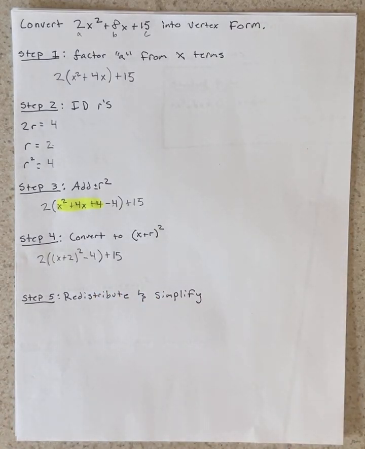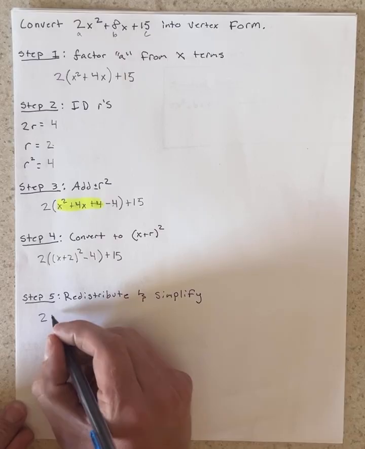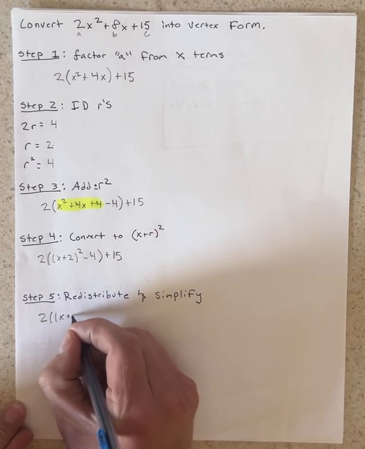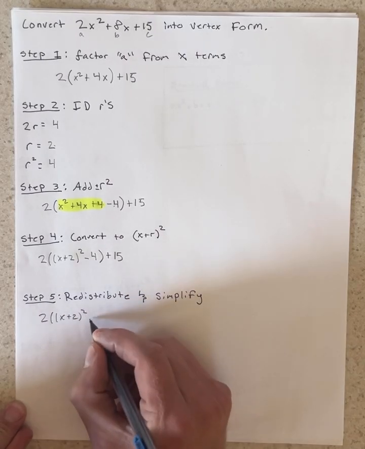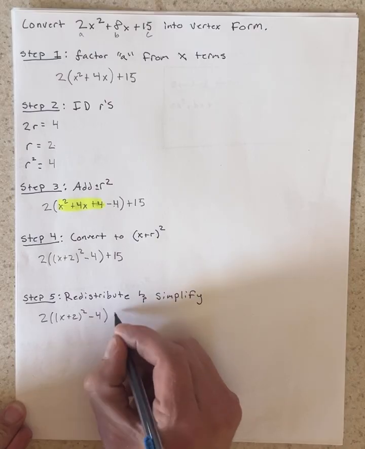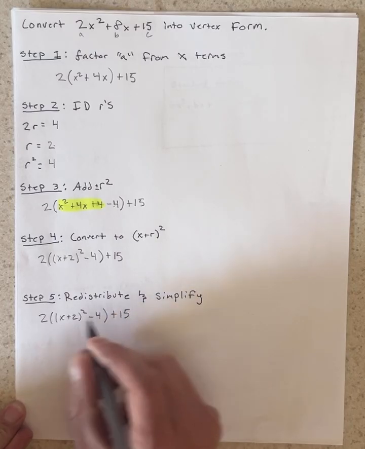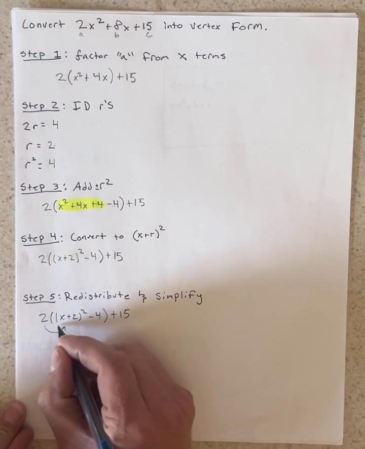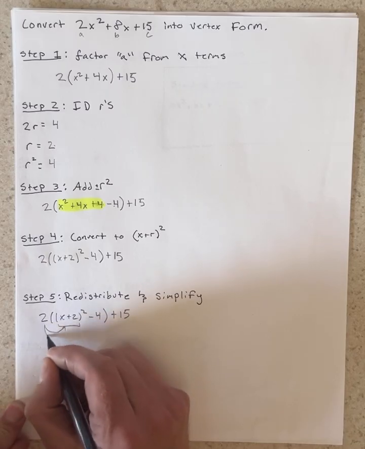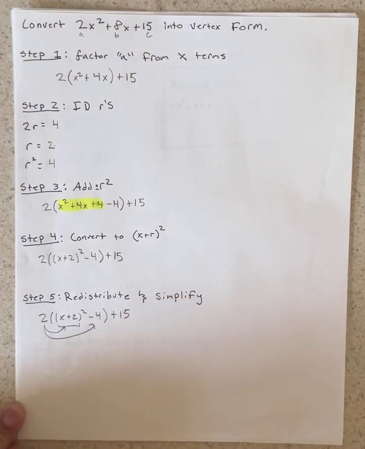So once we've converted to x plus r squared form, the next step is to redistribute our a term and simplify. So if we have 2 double parentheses x plus 2 squared minus 4, close parentheses, plus 15, I'm going to be multiplying the 2 times the parentheses and multiplying the 2 times the negative 4.